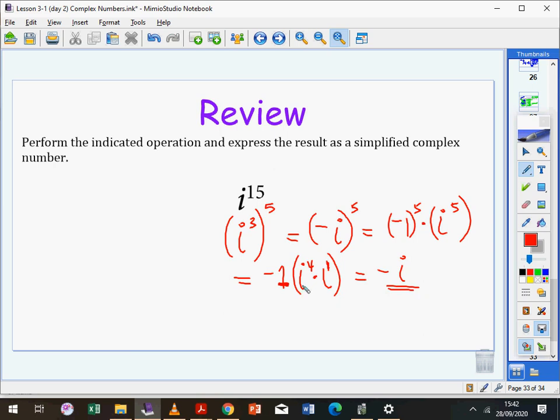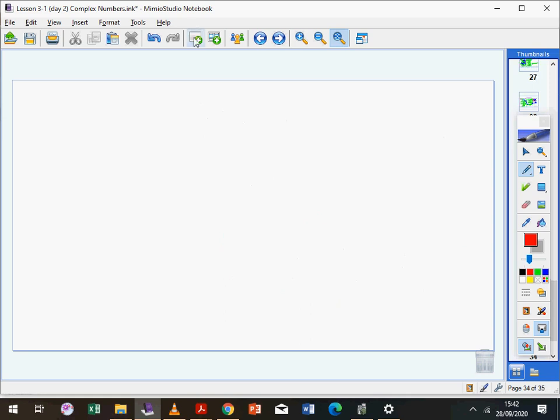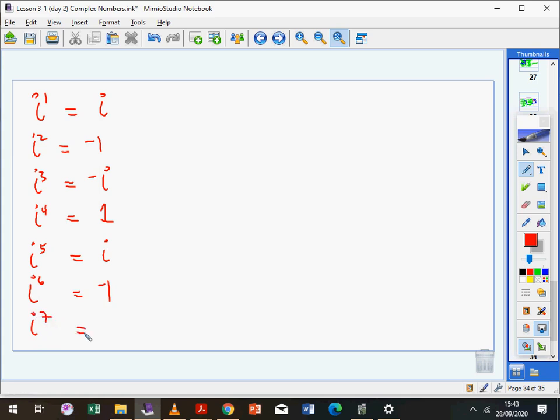Now what I was saying, a way that you can figure this out in different ways is we have a pattern here. i to the power of 1 is i, i to the power of 2 is negative 1, i to the power of 3 is negative i, i to the power of 4 is 1, i to the power of 5 is i, i to the power of 6, guess what? Negative 1. i to the power of 7, can you guess it?